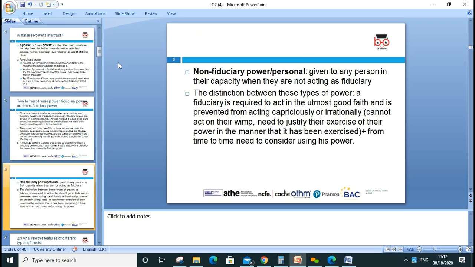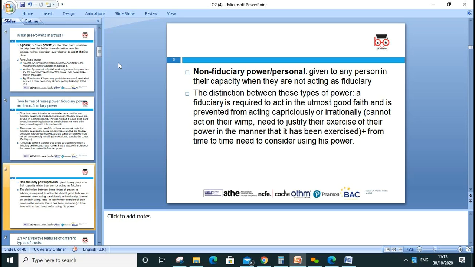Non-fiduciary powers are personal, we can say given to any person in their own capacity, when they are not acting on behalf of someone. There is a tension between these powers. Fiduciary is the requirement to act utmost in good faith for others, like trustees, which we said, and we quoted the CEO examples.